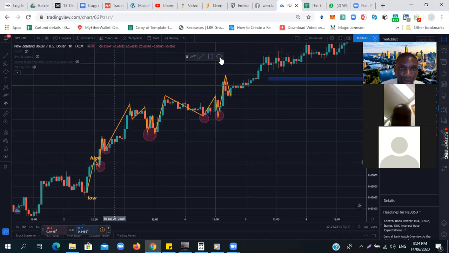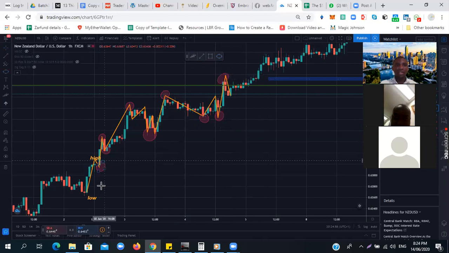Now on top here is a higher high. On top here is another higher high, and another higher high. So this is how you identify.